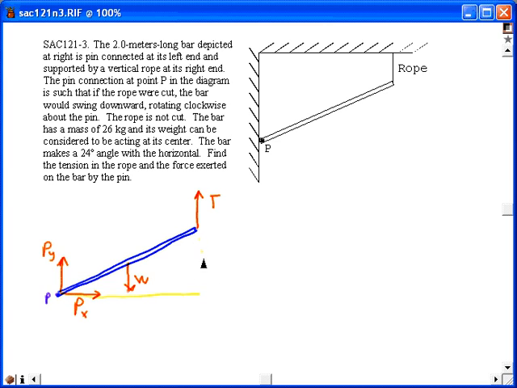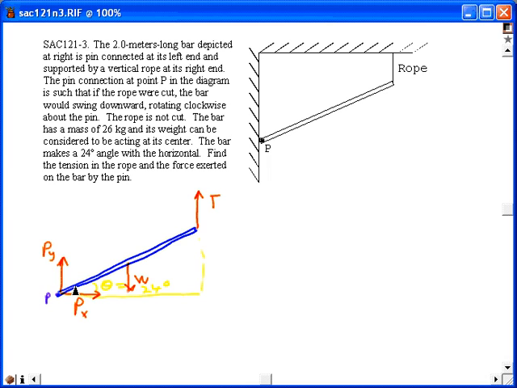some distances on here. We've got an angle, I'll call it theta, where theta is equal to 24 degrees.